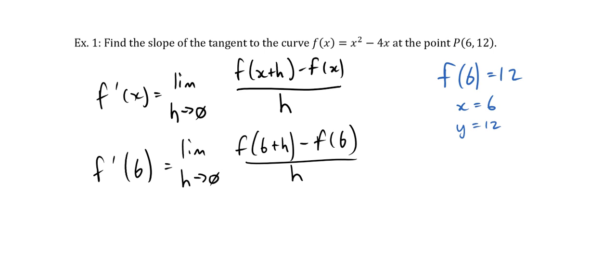Often what I would do is do the f at 6 part off to the side, like we did with the old functions. We already know what f at 6 is. It's 12. So often I would do that off to the side and just put that in. But we're showing some extra steps for the lesson. Is everybody okay with that?